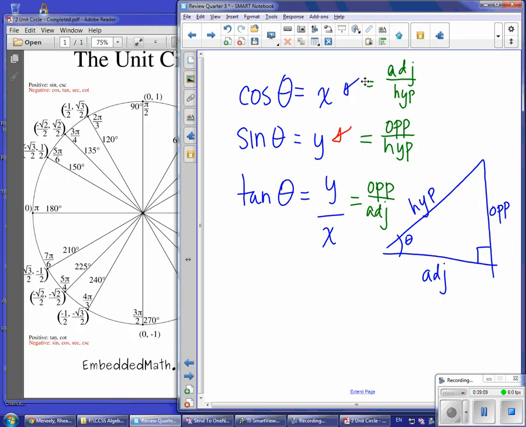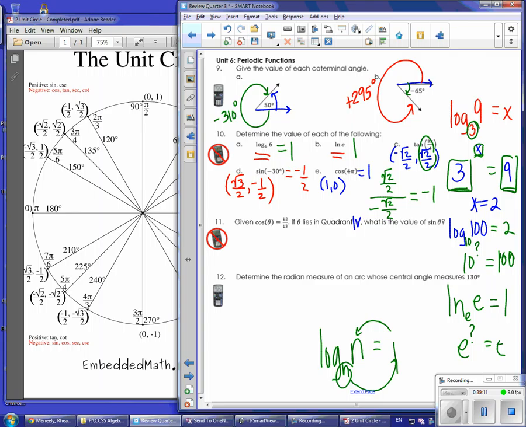So let's go back to our example. We're given the cosine of theta is equal to 12 over 13. Well, think about Sohcahtoa. That means that 12 has to be the measure of my adjacent side, and 13 has to be the measure of my hypotenuse. So if I were to draw a triangle, this is theta, and I know that my adjacent side is 12, and my hypotenuse is 13.